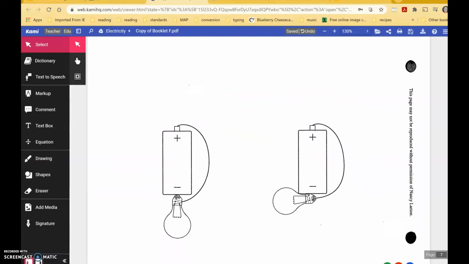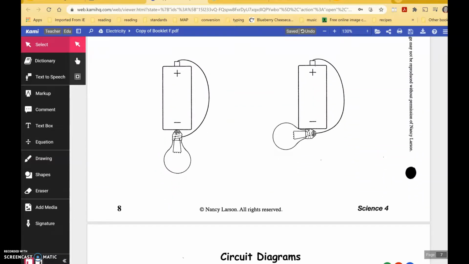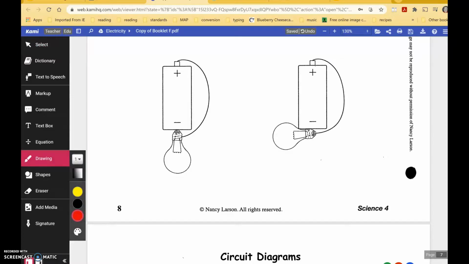Now, down here, we have, once again, the wire put on the side of the screw cap, and we're coming up here to the positive side. So the directional path is like this.